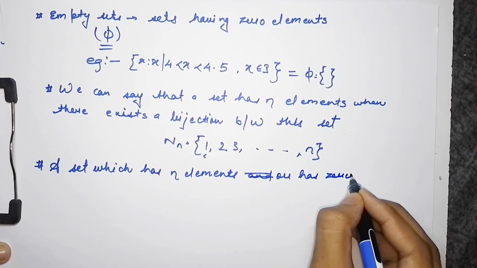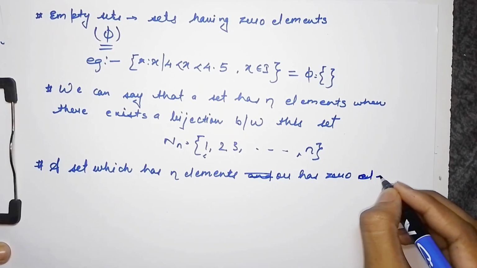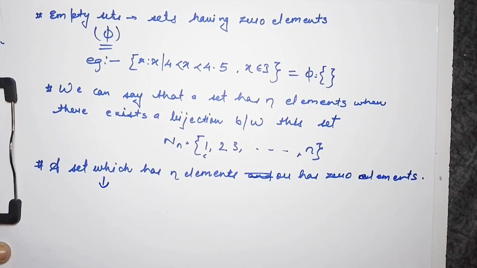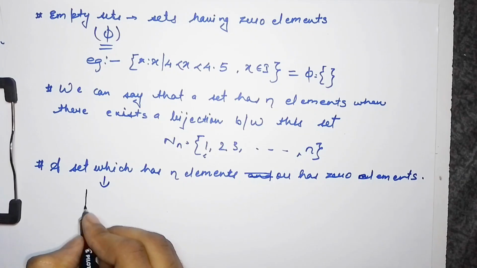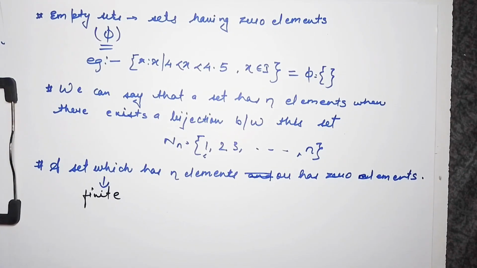It may have n elements, some natural number n, or it may also have zero elements. In that case, we say that this particular set is finite. Now pause the video and write some examples of finite sets. I hope that all of you have written some examples of finite sets. I think that I have taught you enough that I don't need you to tell me some examples of finite sets.